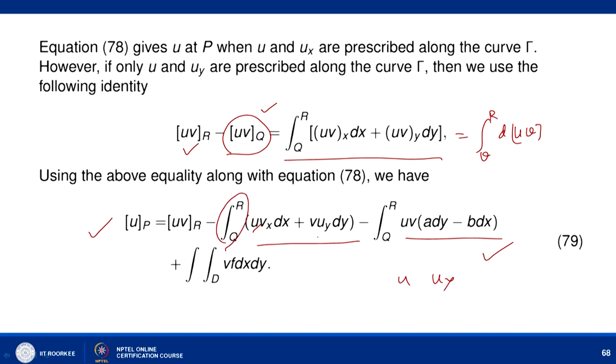So, here u and u_y are used, but what happens if u, u_x and u_y are all given along the initial curve? I cannot use 78 or 79 alone. So, what we do is sum these 78 and 79.